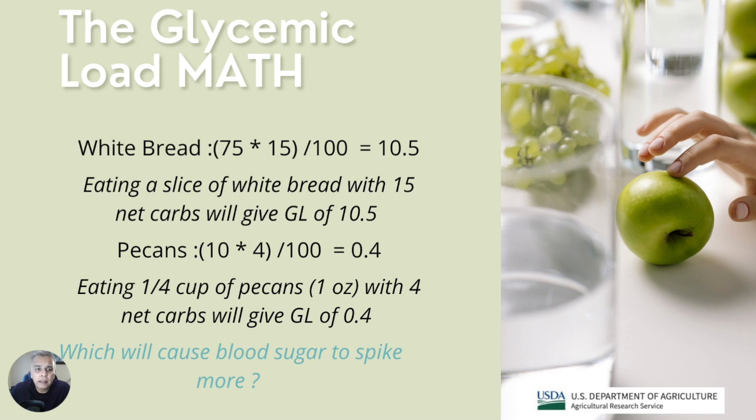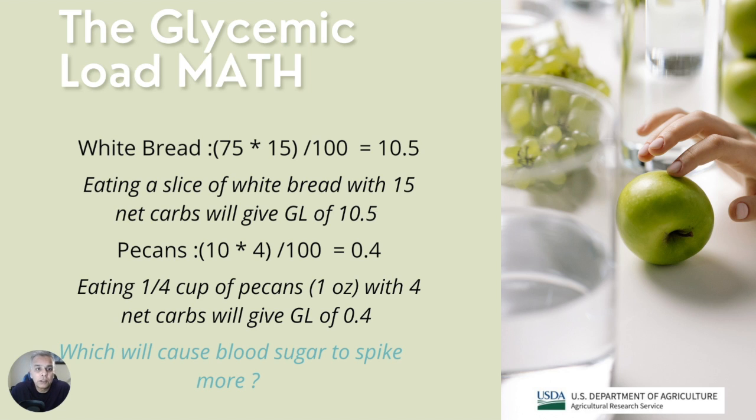And then look at something like a pecan. They have a glycemic index of 10, which is much lower, and then they have 4 grams of carbs per serving, which is roughly a quarter cup, or 1 ounce. And that will give us a glycemic load of 4.